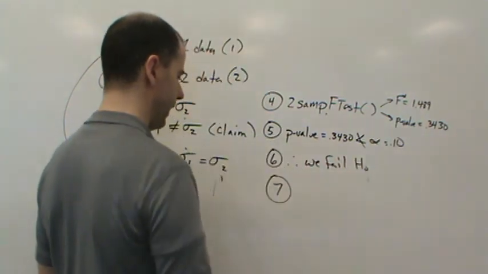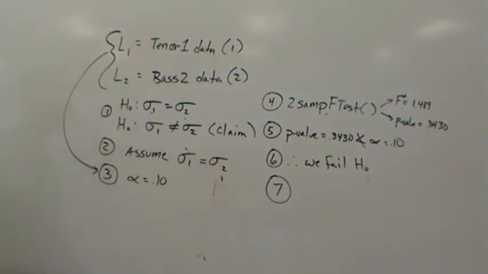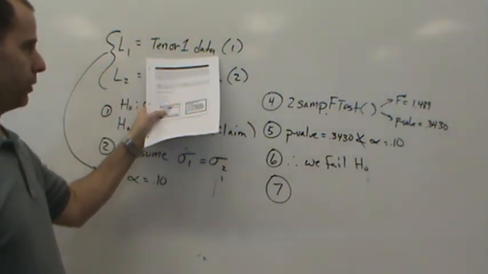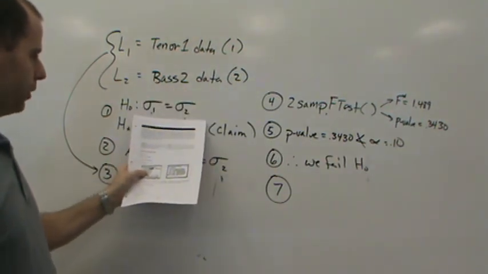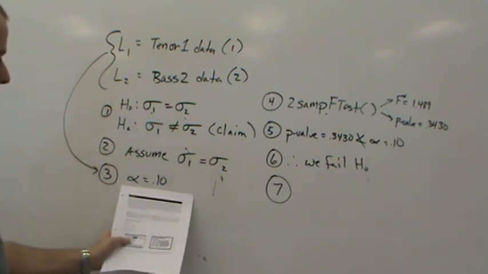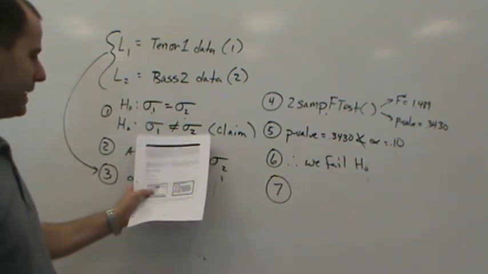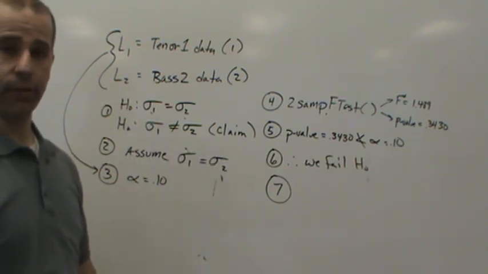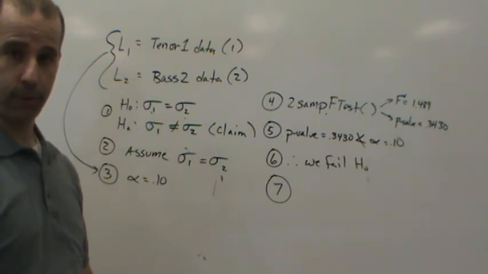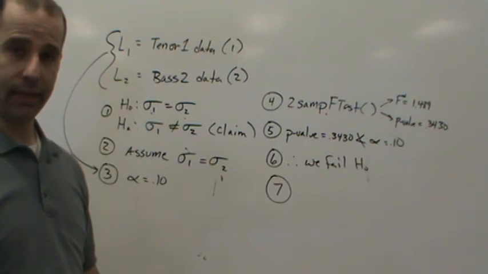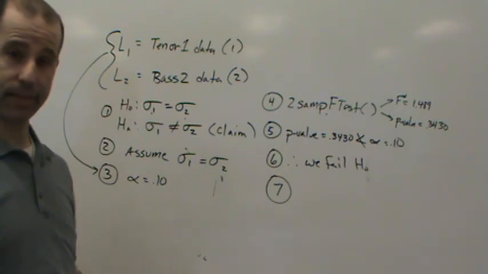At an alpha level of 0.1, there is not enough evidence, which means there's not enough evidence to support the claim. So at an alpha level of 0.1 or 10%, there is not enough evidence to support the claim that the standard deviation of the heights of men in the tenor 1 group and the standard deviation of the heights of men in the bass 2 group are significantly different. And that's it, based on the sample data.